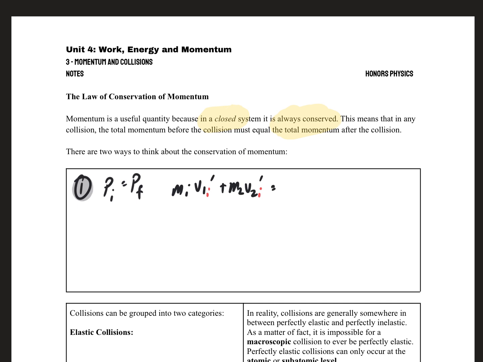It's going to be equal to M1 V1 double prime plus M2 V2 double prime. That's just another way of saying final for those guys. So either prime or initial kind of means the same thing. The second way to think about this is that the change in momentum in the total system ends up being zero, right? If you subtract what you started with, you should get zero, okay?